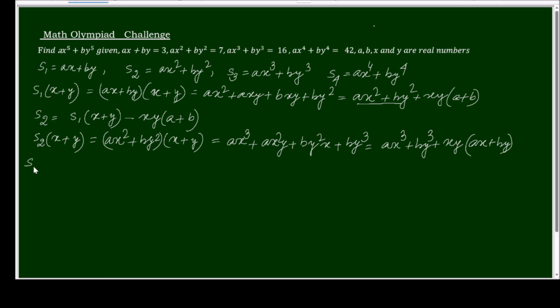So S2 times (x + y), and in between is S3, plus xy into this is S1. That means S3 equals S2 times (x + y) minus S1 times xy.